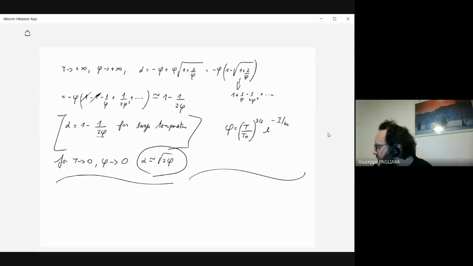Of course, I is an important scale, which must be compared to the thermal energy, kBT, but we have found another scale, which is T0. And this is also important. It's a new scale that appears in this statistical mechanical calculation.